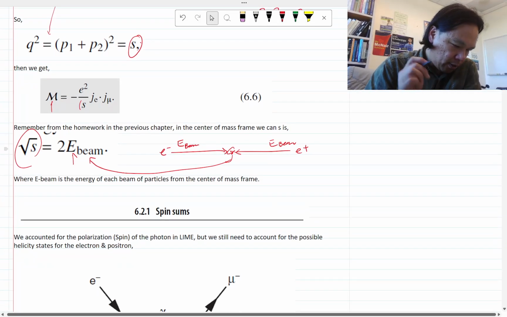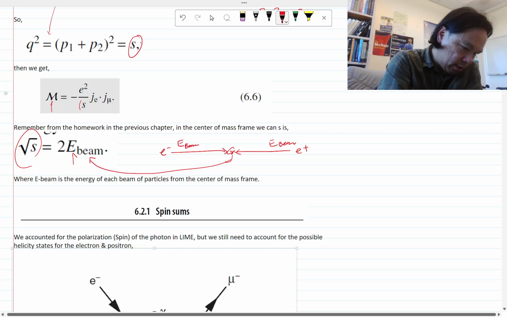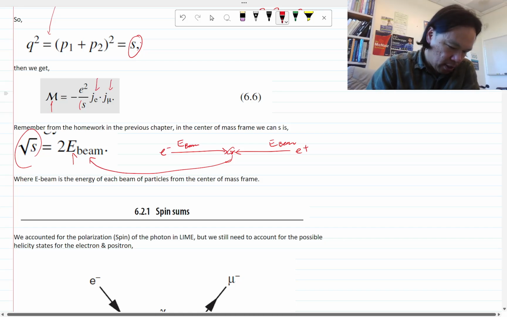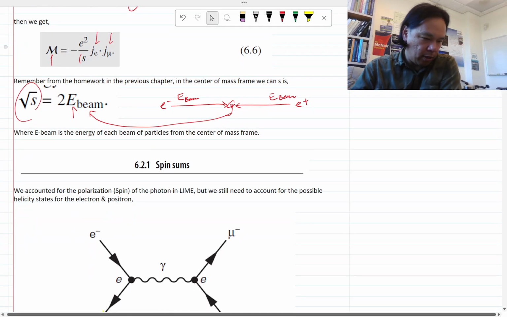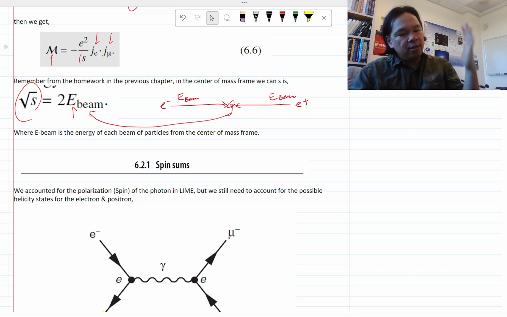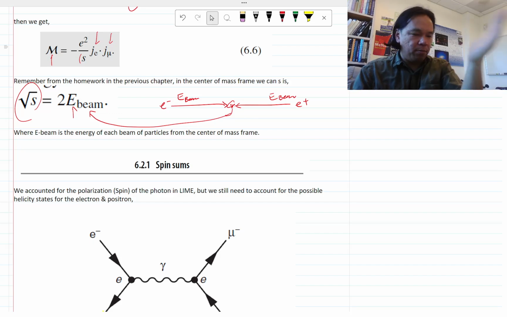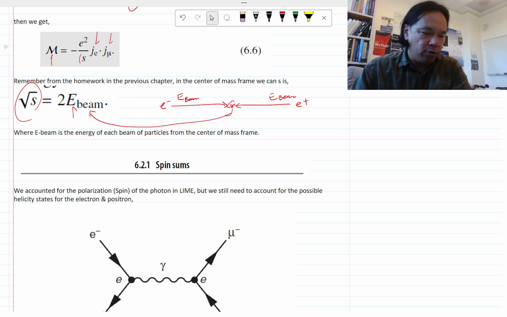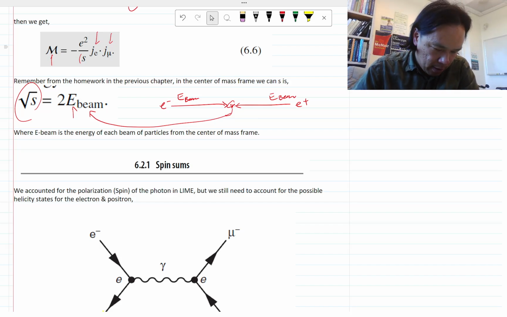So that's nice. These currents are going to be more interesting because they actually have this spin stuff or helicity stuff in them. The book is flipping back and forth between spin and helicity. In these high energy regimes, they're actually the same. There are some caveats, that they are slightly different things.